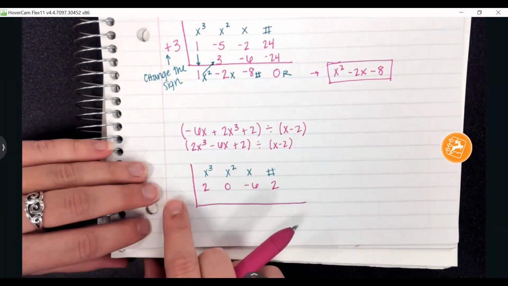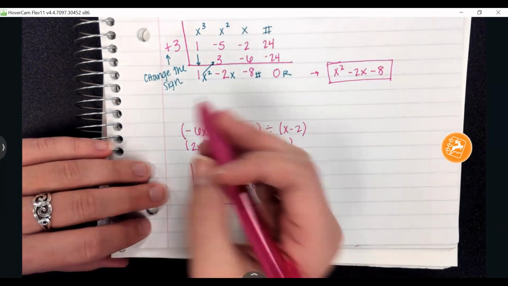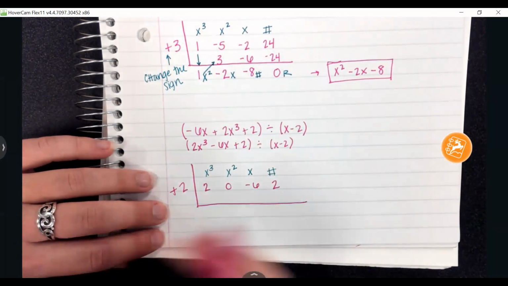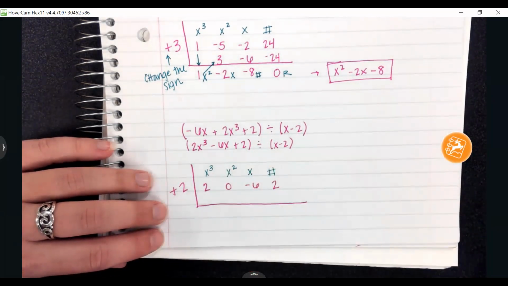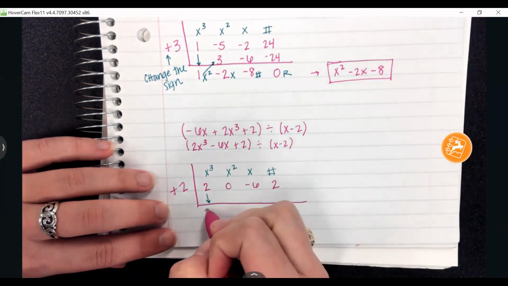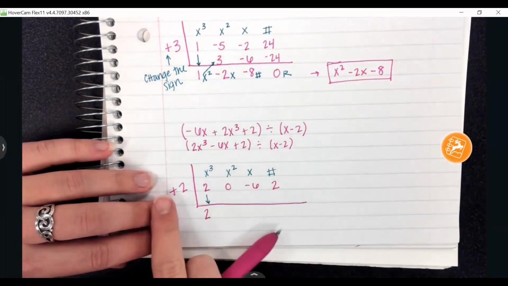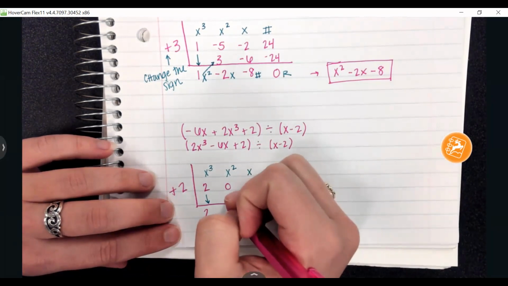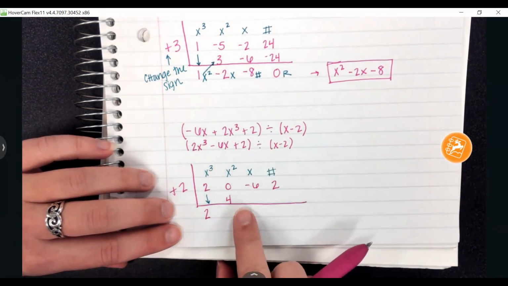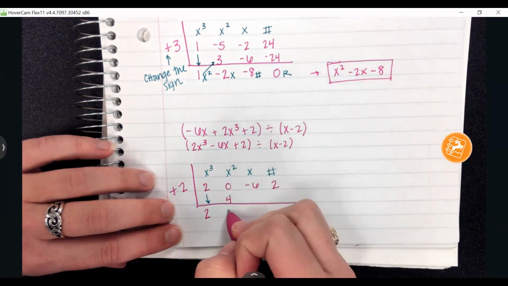What number is going to go on the outside? +2, because it's opposite. My first step is to pull down this 2. So this 2 comes outside, and I multiply. 2 times 2 is 4. What is 0 plus 4? It is 4.